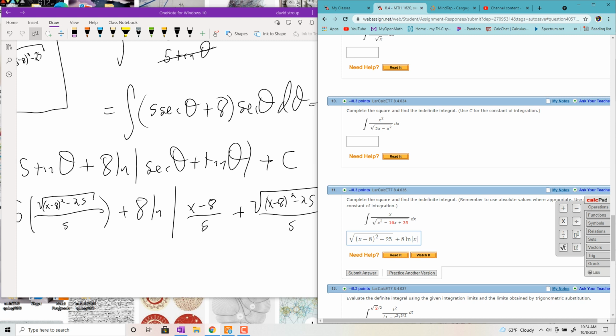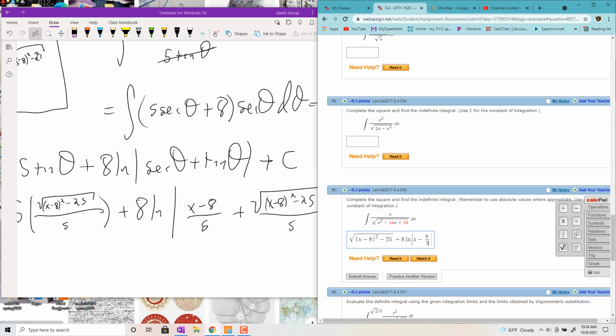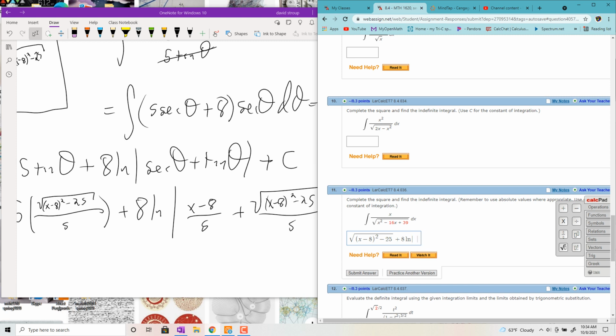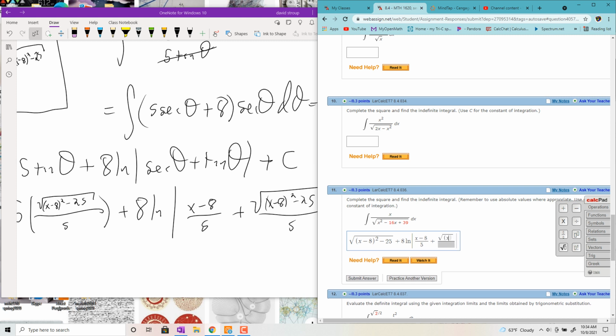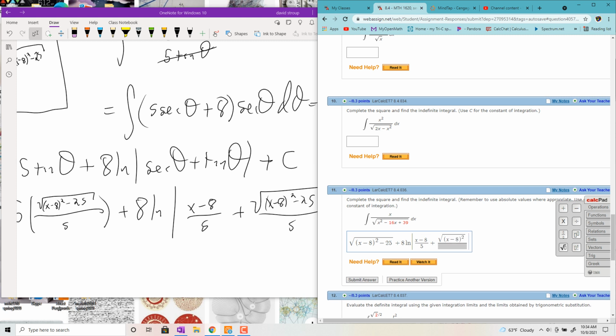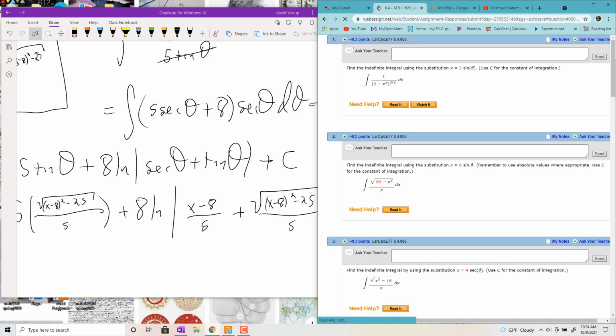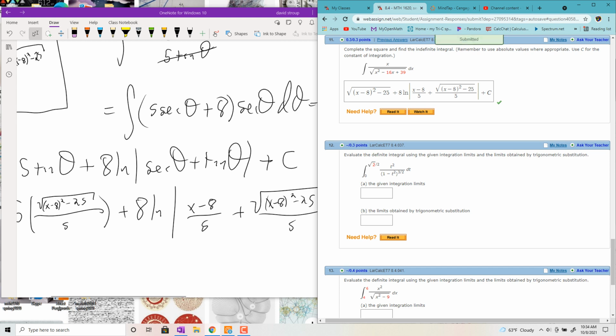First is the fraction x minus 8 all over 5, and then plus the fraction, the numerator, square root of x minus 8 to the second power minus 25 all over 5, and then plus c, and then you do a drum roll. Oh my god, I finally got one.